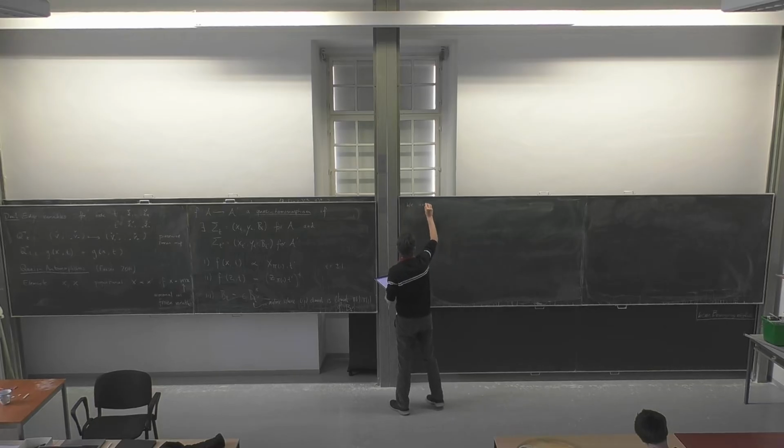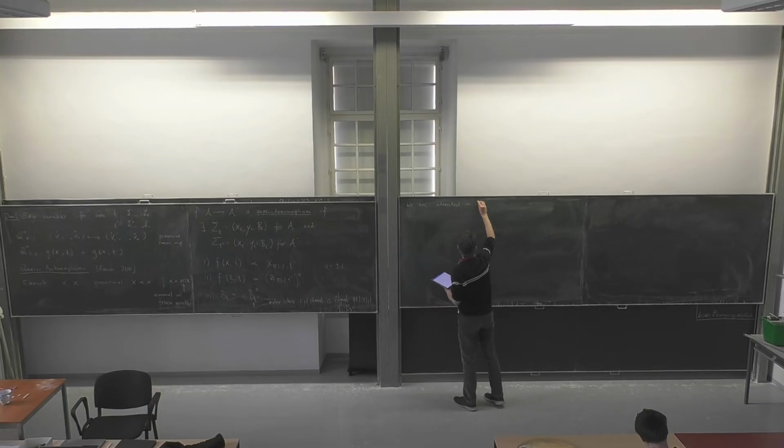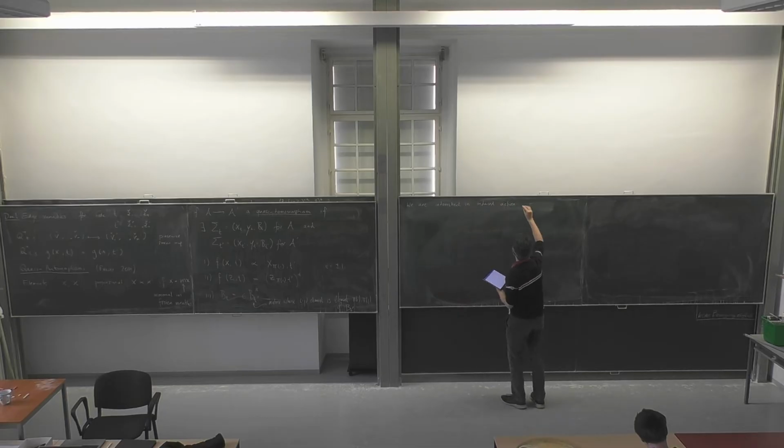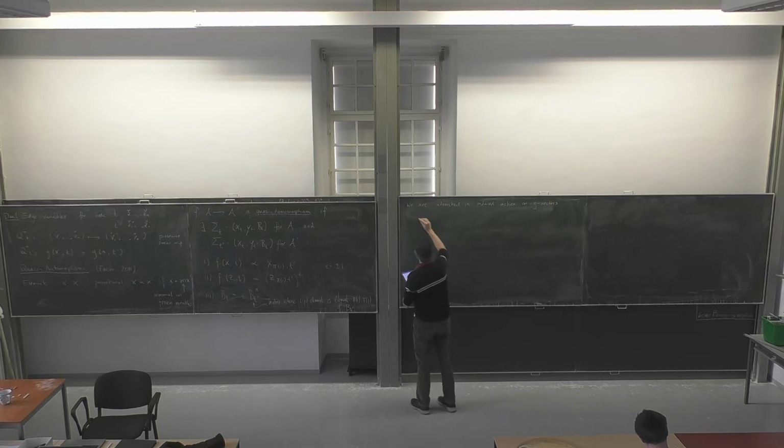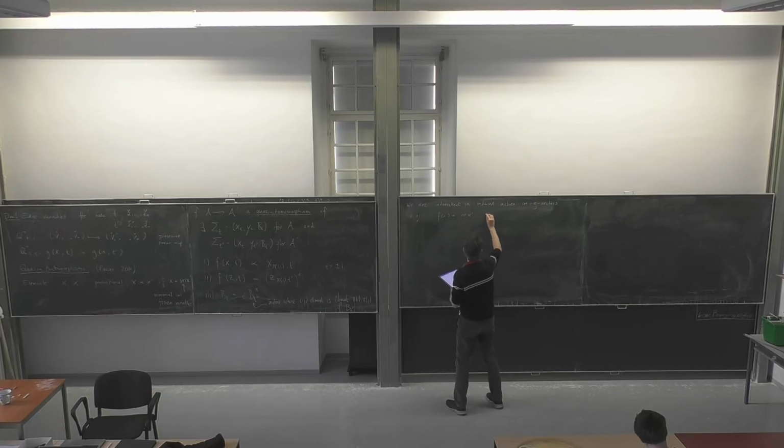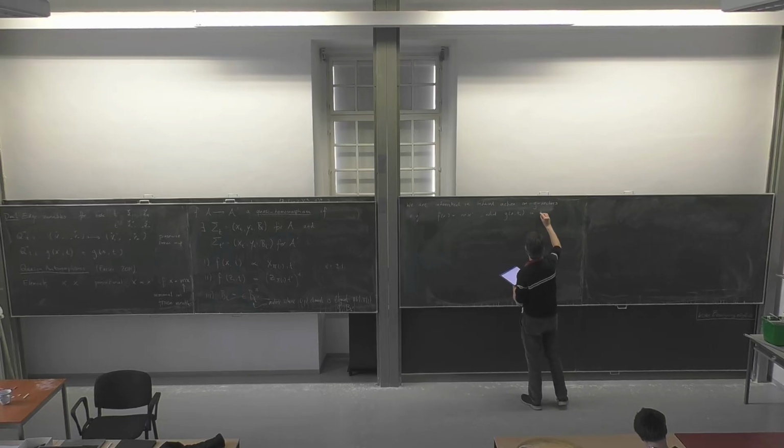So, for example, if I have f of x equals m x prime, what is g of x prime with respect to some node in terms of g of x with respect to some node?